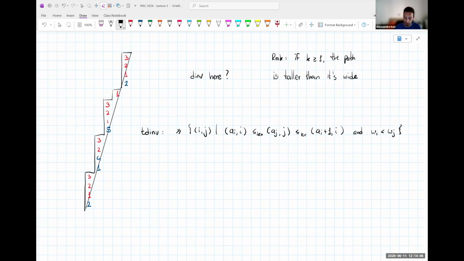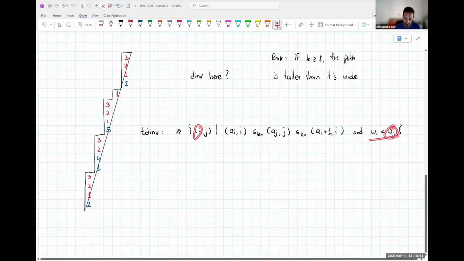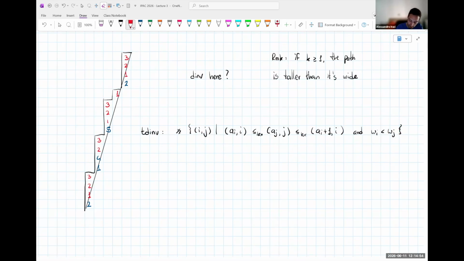So the label of the step index i is smaller than the label of the step index j, and a_i is the horizontal distance between the starting point of the step and the main diagonal of the path. It can be negative. In this case, it is negative. It can be a rational number. It doesn't have to be an integer. It can be pretty much whatever. It's a rational number. We don't know a lot more than that.